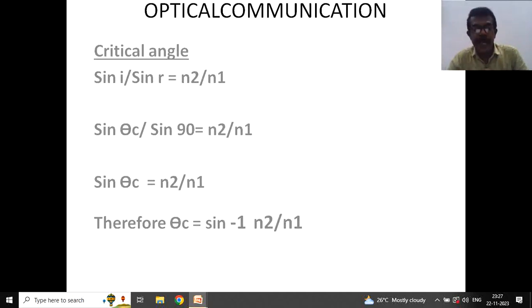At that time, we call the incident ray a critical ray. So whenever the refracted ray reaches 90 degrees, we call the incident ray a critical ray. Critical angle is represented by theta c. So sin theta c is equal to n2 by n1, because sin 90 is 1. Therefore, the expression for the critical angle is theta c equal to sin inverse of n2 by n1.